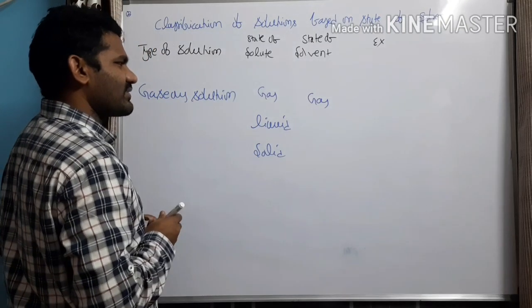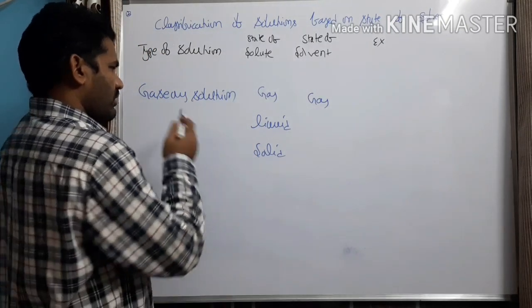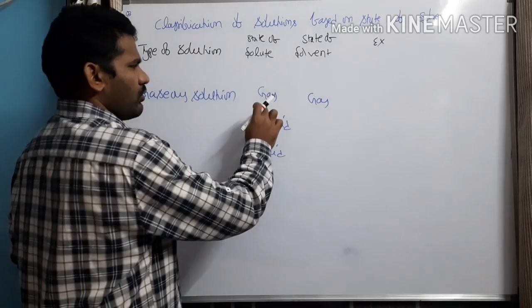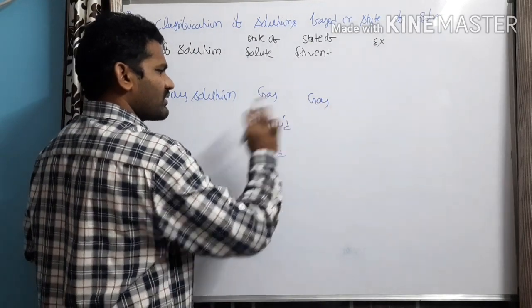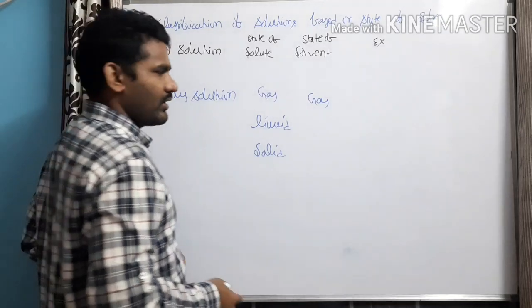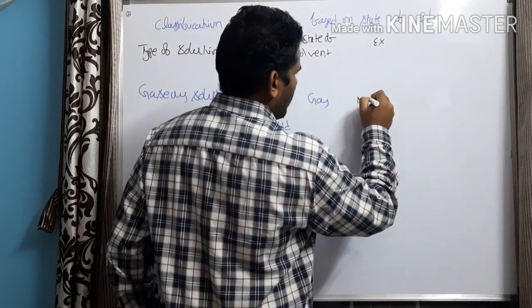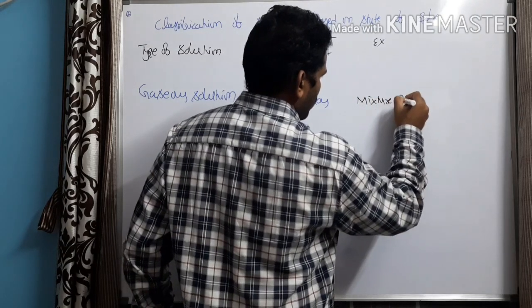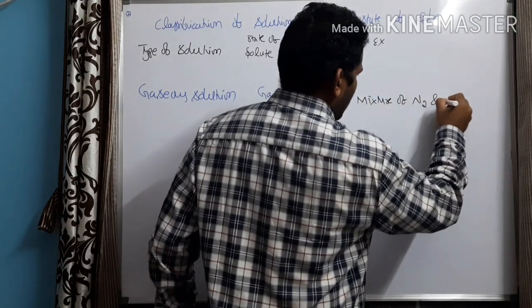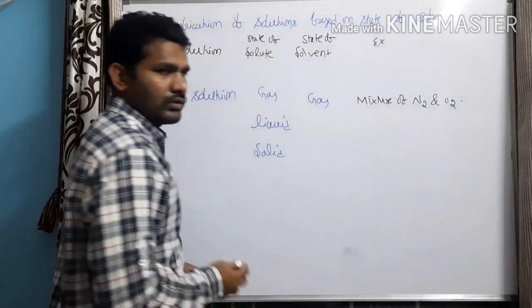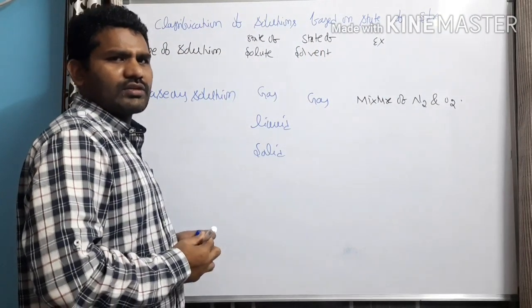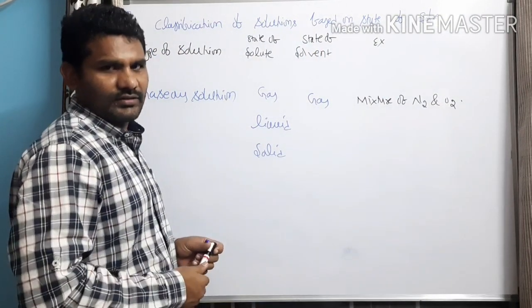Now let us consider an example for a gaseous solution where both solute and solvent are in a gaseous state. Example is a mixture of nitrogen and oxygen. Here both nitrogen and oxygen are present in a gaseous state.